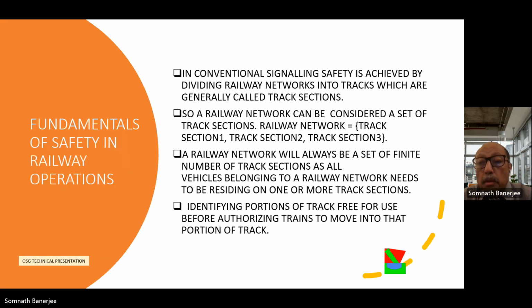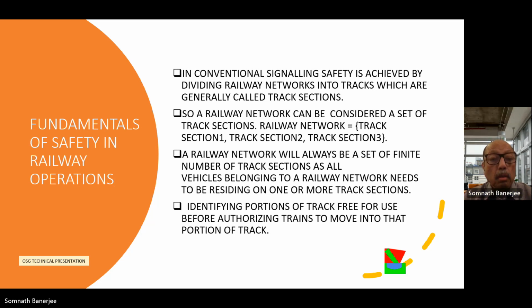I will start with the way fundamental signaling systems offers safety. In the conventional signaling system, safety is achieved by dividing the railway network into tracks, which are generally called track sections.